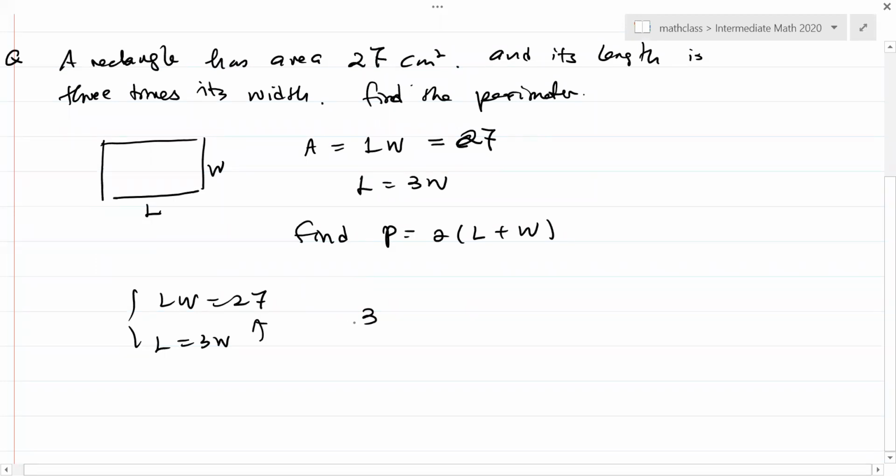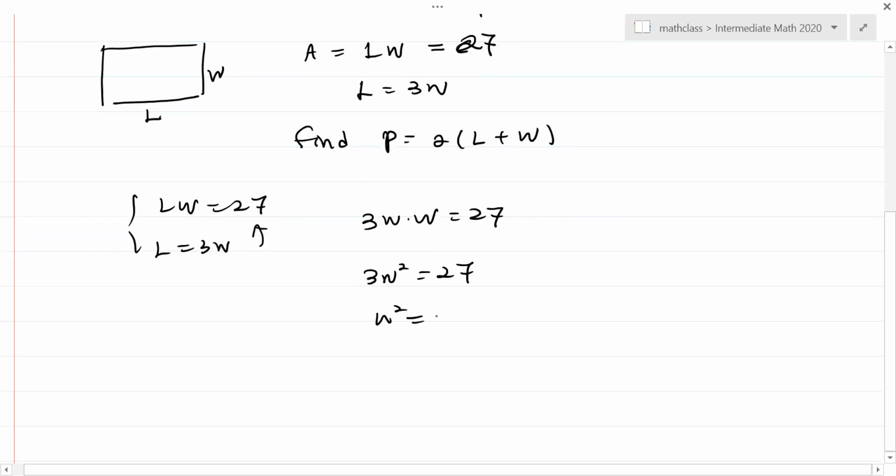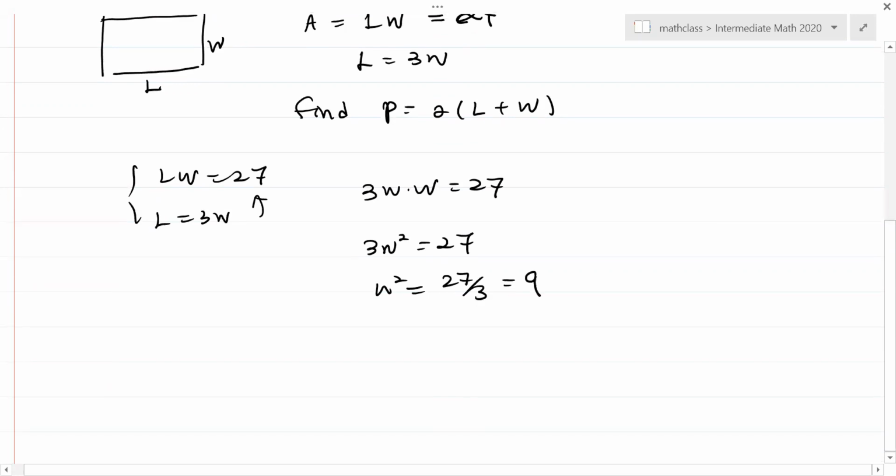So 3W times W equals 27. Then you get 3W squared equals 27, then W squared equals 27 divided by 3, which is 9. Then you can solve for W. W must be 3. Once you find the width, you can find the length. Length is 3 times W, which is going to be 9.